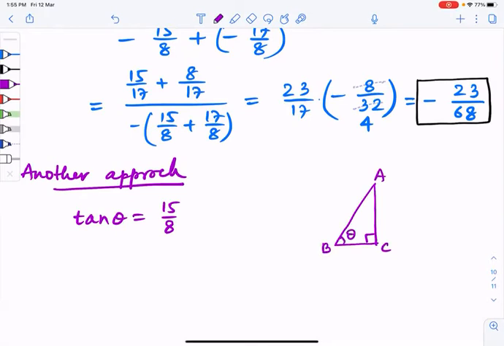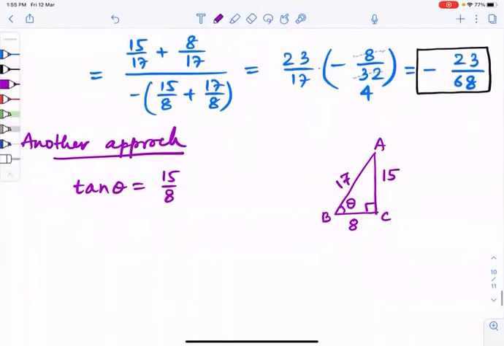Tan theta is 15 by 8, so tan is altitude by base, so you can keep it like this. And by Pythagoras theorem, we can understand that this hypotenuse will be 17. From that diagram, we can easily say that sine theta is 15 by 17 and cos theta is 8 by 17. This we get.